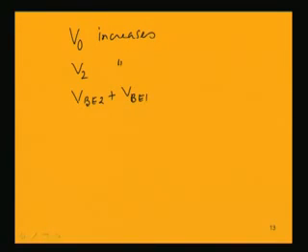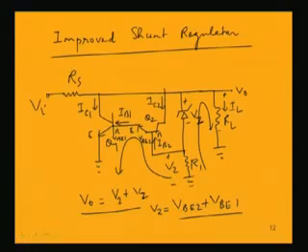So if we write down, V0 increases, then the effect is that V2 increases. So if V2 increases, then VBE2 plus VBE1 increases. That means the base current in the second transistor increases. Now if the base current in the second transistor increases, then the emitter current in the second transistor, IE2, is also increased.